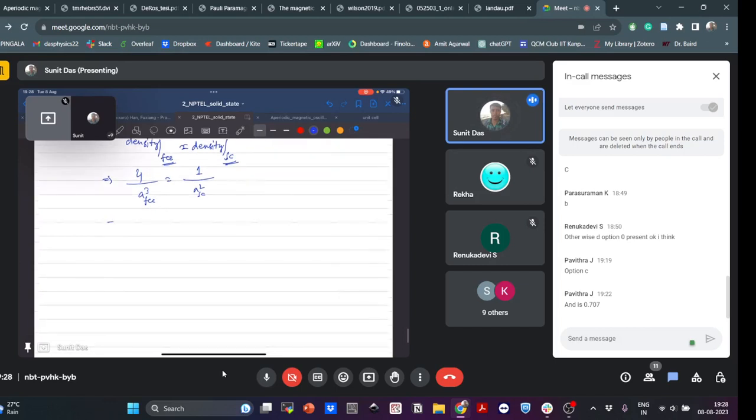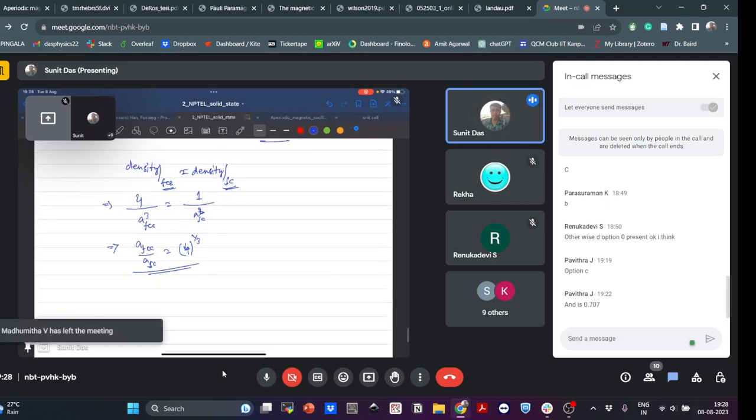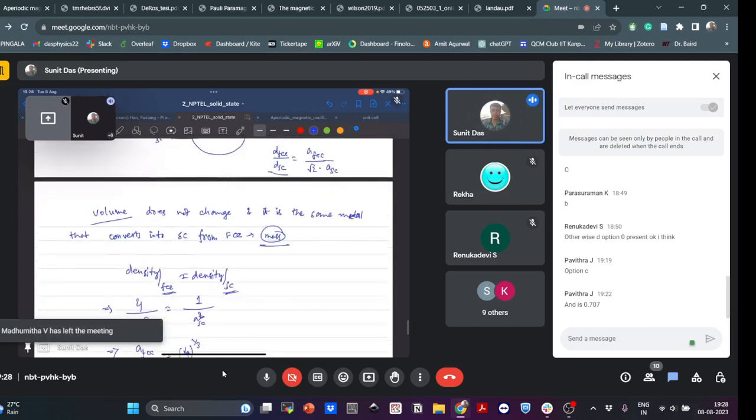So then a_FCC by a_simple cubic will be, sorry, this will be cube, 4 to the power 1 by 3, right? This is the relation we got. Now we got this one, d_FCC by d_simple cubic.